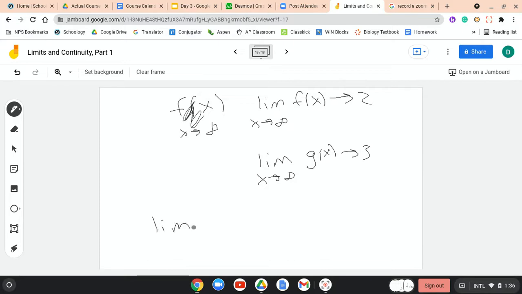Then the limit as x goes to infinity of g of x plus f of x is yet again whatever value g is approaching plus whatever value f is approaching. So it'd be 3 plus 2 equals 5. So with the same logic, we can show how every other limit rule we outlined is also true for limits involving infinity. It's the same kind of process.